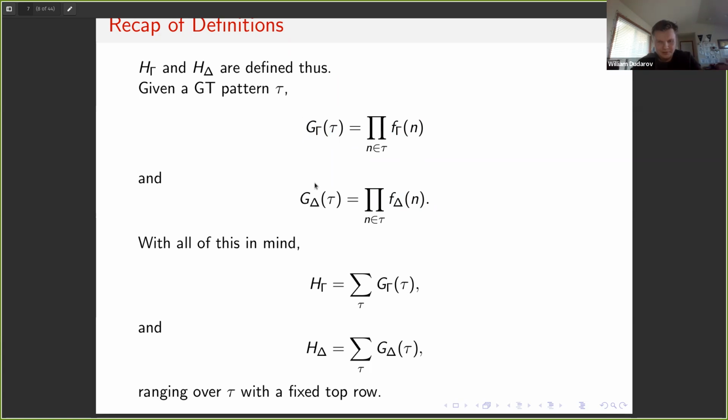Finally, H gamma is equal to the sum over tau with fixed top row of g gamma of tau, and H delta is the sum over tau with fixed top row of g delta of tau.